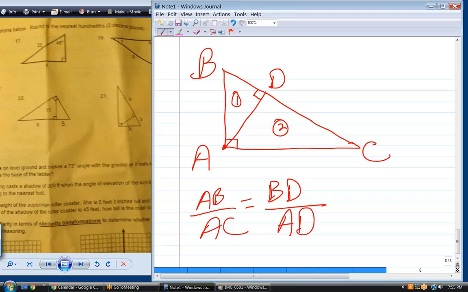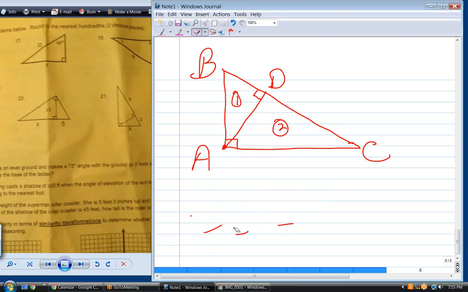What I'm trying to get at is that if your triangles are not oriented the same, and they're not here, this one's been rotated, then you have to figure out corresponding sides based on something. As long as I've drawn the triangle like this, it's easy to tell what the short side of this triangle is. It's BD. And the short side of this triangle is AD.